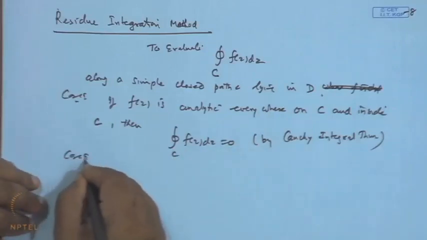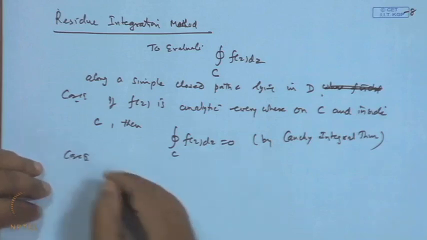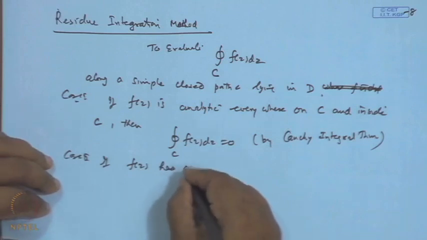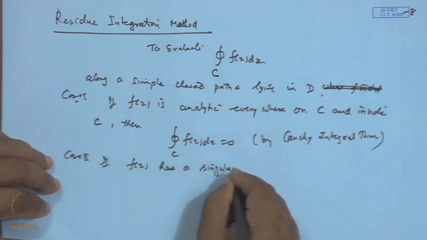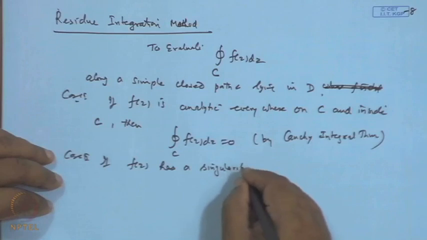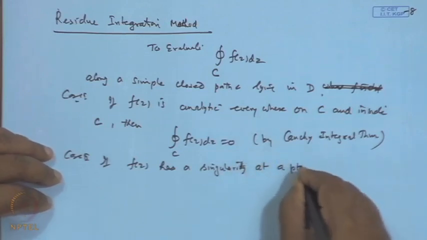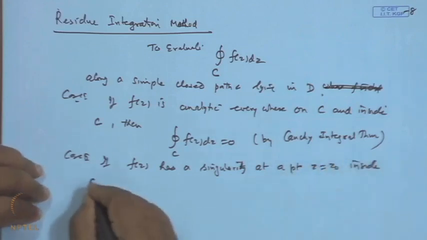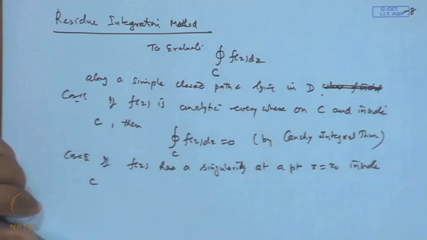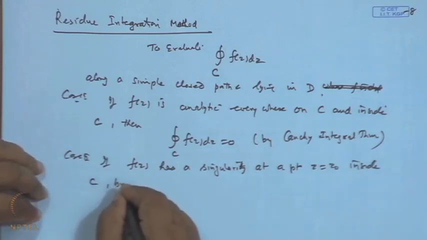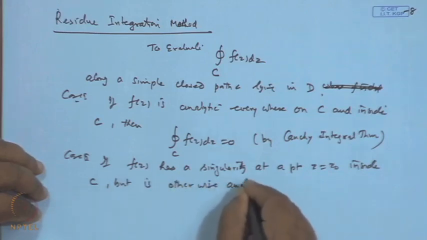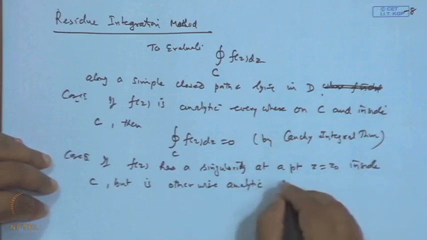However, if the function f(z) has a singularity at a point z equal to z naught inside C, but is otherwise analytic, it means z equal to z naught is an isolated singularity.